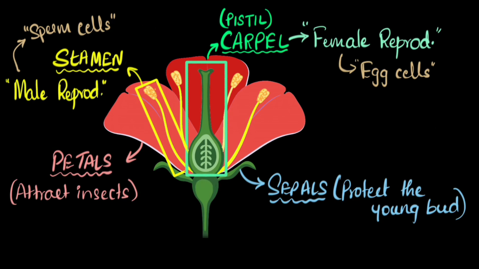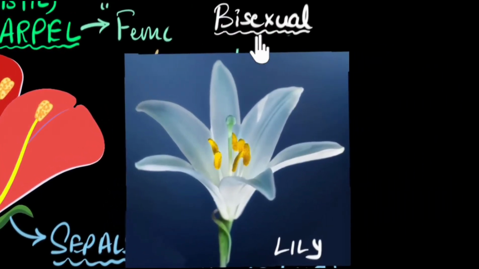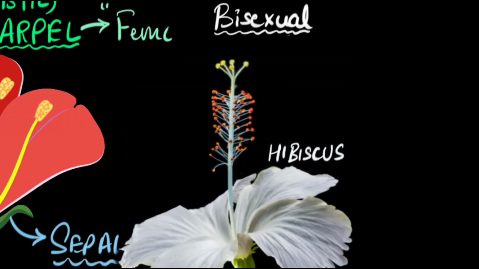So let's take some examples. If you look at lilies, they are bisexual. Why? Because if you look carefully, you can see the carpel, the female reproductive part, and you can see the stamens as well. These are the stamens, the male reproductive part. Both are present, so it's bisexual. Another famous example is hibiscus.